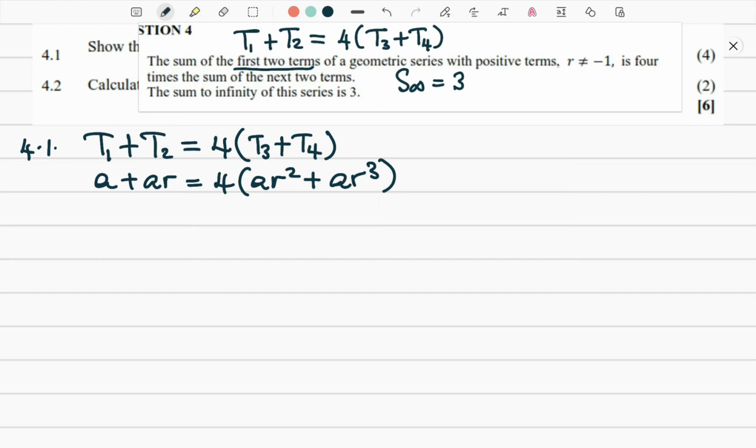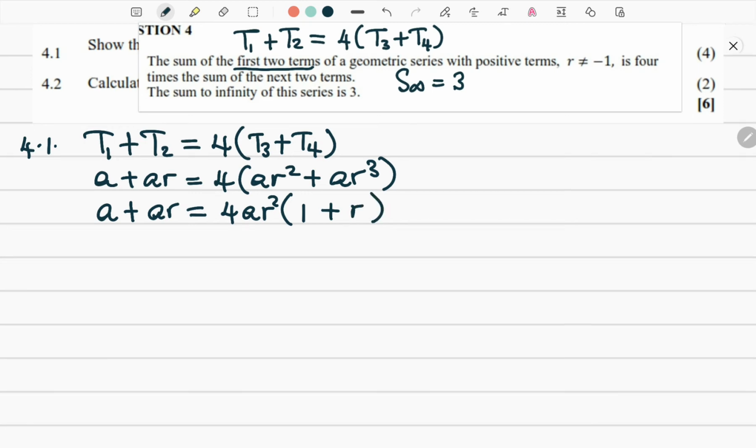So we have a plus ar equals 4 times ar, and then we can factor out ar squared, leaving 1 plus r.